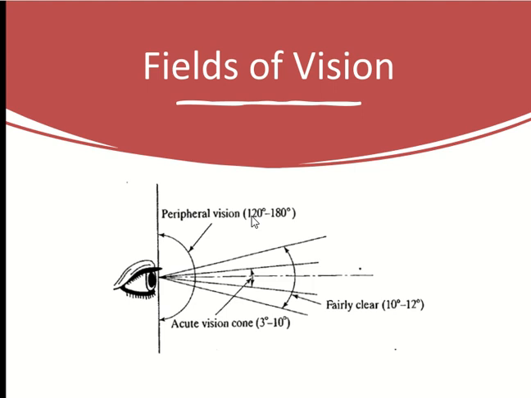Now, in terms of traffic signs and markings, in which range should these markings and signs be? The traffic signals, the traffic signs. We have 3 possible answers. Which range is good enough for traffic signs, markings and signals? Fairly clear.